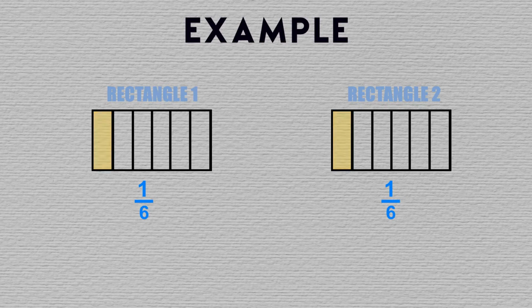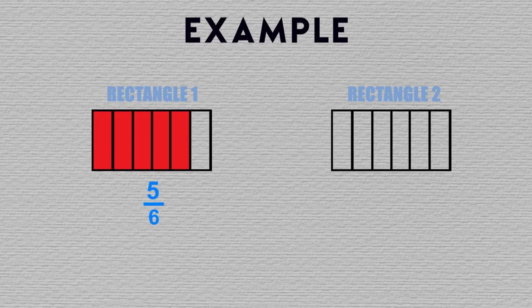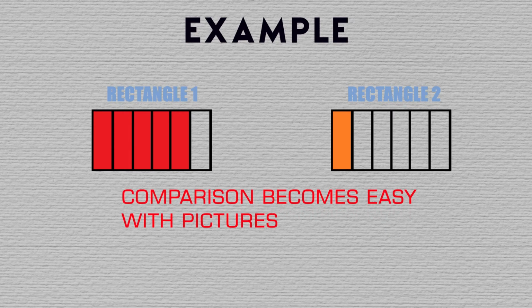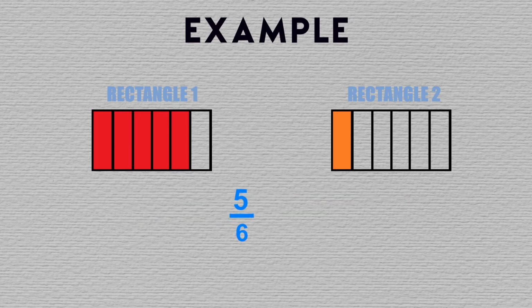Now, let's shade 5 parts of the first rectangle, which is 5/6, and 1 part of the other rectangle, which is 1/6. A picture makes comparing these fractions really easy. We can see that 5/6 is greater than 1/6. Easy, right? Let's try another example.